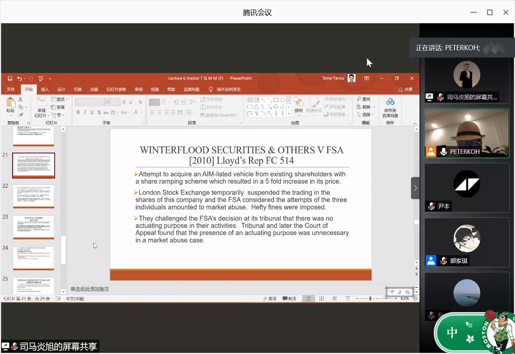Because of this, the 交所 suspended trading in the shares of this company, and the FSA considered the attempts of what they were manipulating amounted to market abuse. They were heavily fined. Why? Because they wanted to attempt to 收购一家 AIM 的上市公司 from existing shareholders, and they make use of a scheme, 一种计划 that resulted in 那间 AIM 上市公司的股份涨5倍，涨5倍.